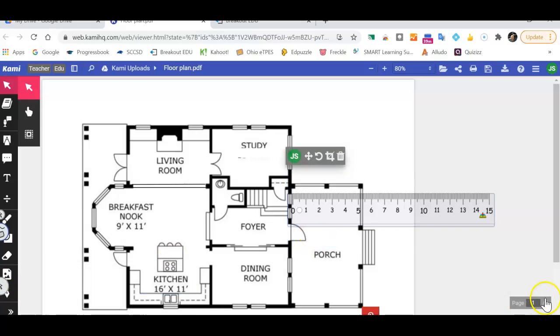We're using feet. What kind of measurement system is that? What do we call our measurement system here in the United States? What are some of the units? Not metric, right?